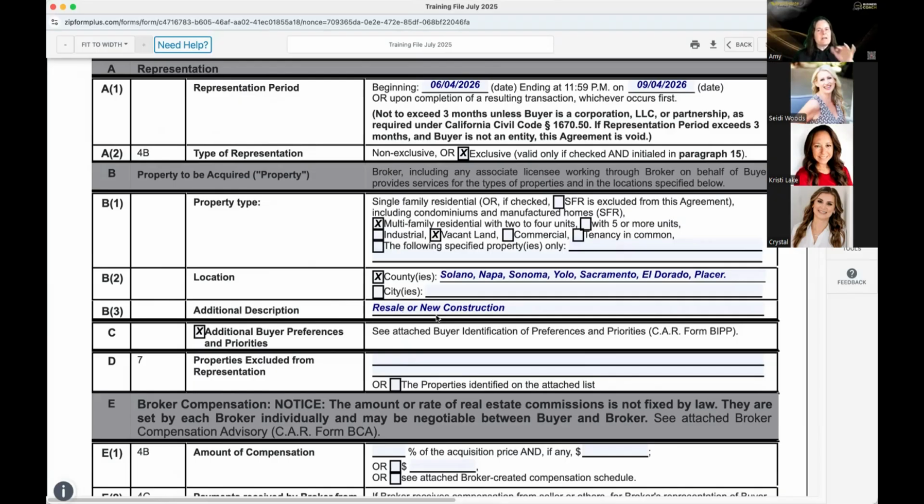Again, I'm having a conversation with my buyer over this form. So I like to put in here both resale or new construction because now I've made it a point to specify to my buyer that it's going to be both resale and new construction. In fact, you absolutely can be represented in a new construction purchase with an agent.